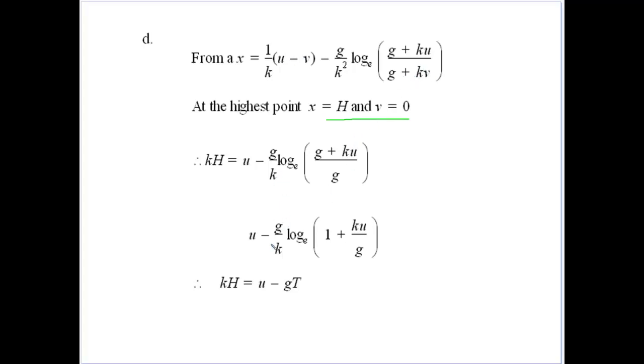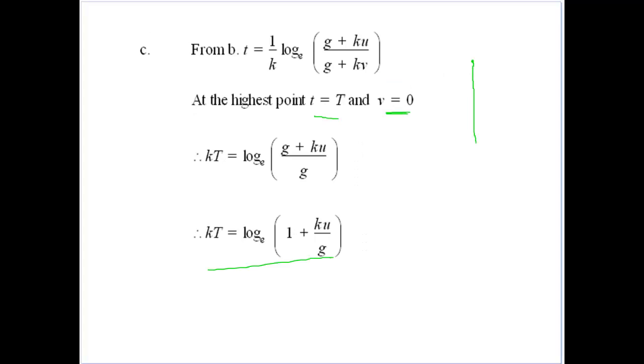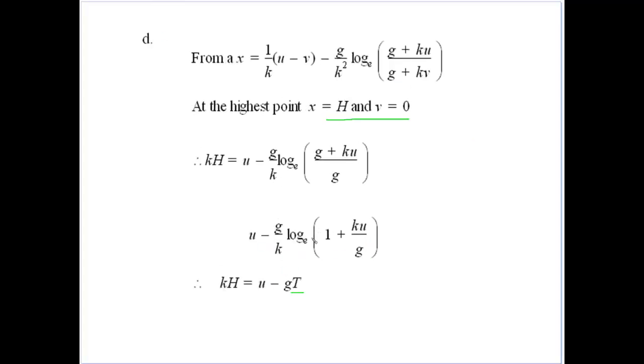And we can look at it in this term that we get, u minus g on k log of 1 plus ku on g, which, the 1 on k there gives us the value of t from part C. So when we have a look at that, that was k there. So we can see that that's where that part comes in. So there are the manipulations that we wanted to get to.